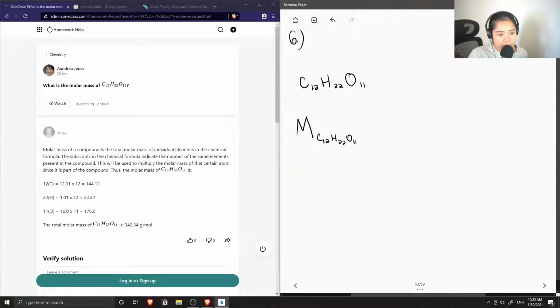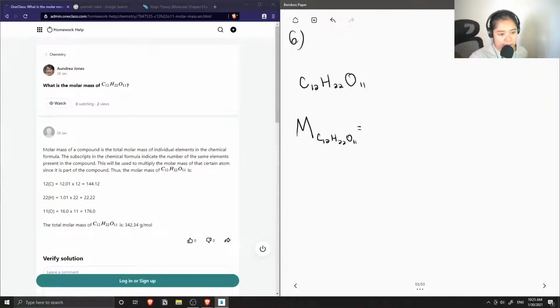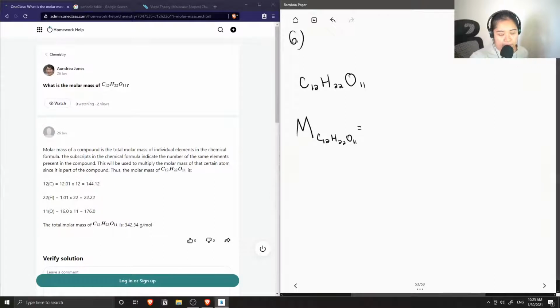To do that, we'll use the periodic table. We also need to take into account how many of each atom are in this compound, so that we can multiply that molar mass by the subscripts.